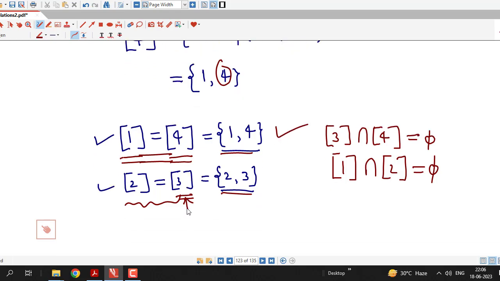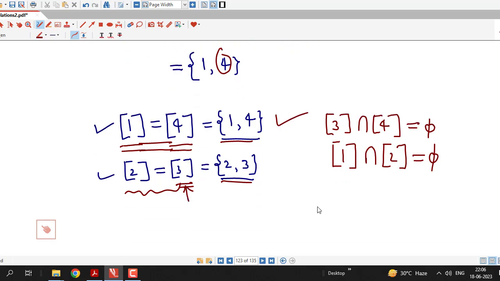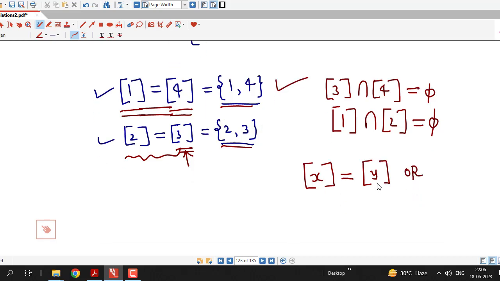So what we can observe from this is, if we take any two equivalence classes, then either they are equal, that is, the equivalence class generated by X and the equivalence class generated by Y are equal, or disjoint, that is, their intersection is the empty set.